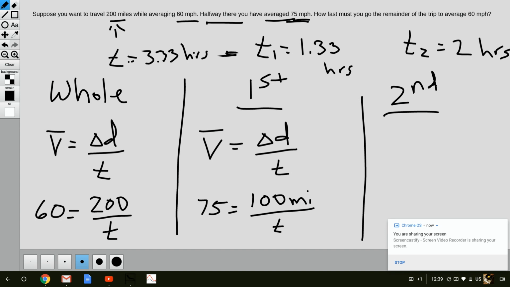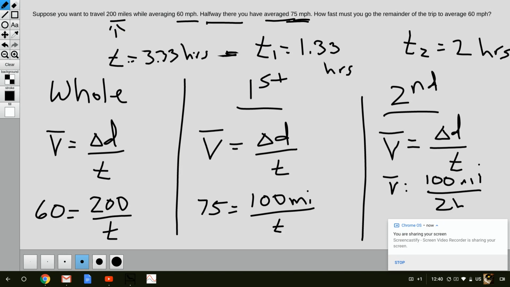And so all I have to do for the remaining 100 miles is drive those in 2 hours. So again, we're going to use this equation because it's the only equation we ever use for constant velocity. And so the average velocity comes out to be 100 miles over 2 hours. And voila, I get 50 miles per hour.